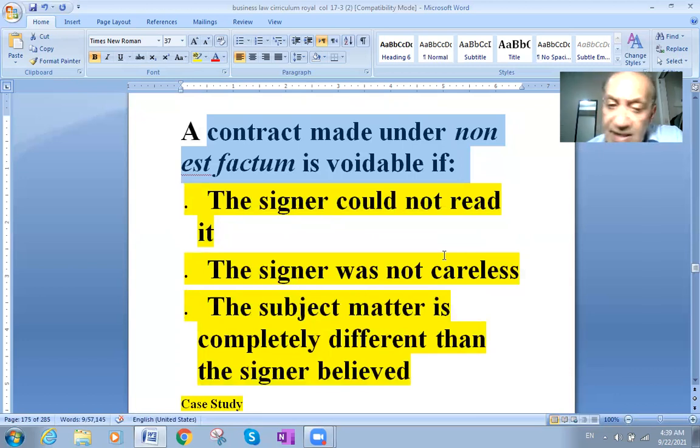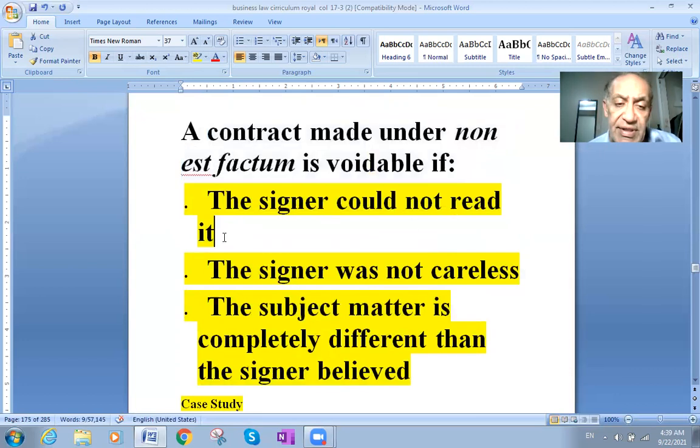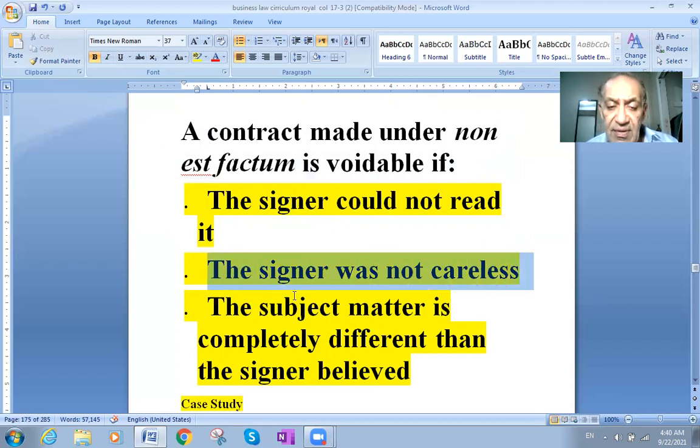Voidable means can be cancelled. If the signer could not read it, because he is illiterate or blind, and the signer was not careless, the signer showed that he is careful.